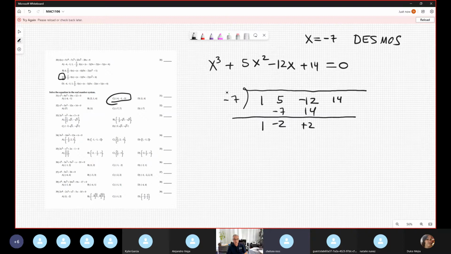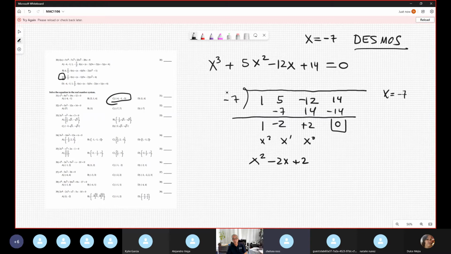And 2 times negative 7 is negative 14, plus 14 is 0. Now at x equal negative 7, okay, I see in Desmos, I prove it mathematically. And you see no more. Why no more? Well, let me try to explain this idea. The new polynomial is the quotient after the synthetic division: x to the 0, x to the 1, x to the second. Actually, it's x squared minus 2x plus 2.